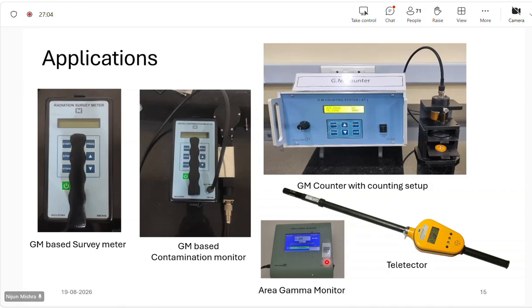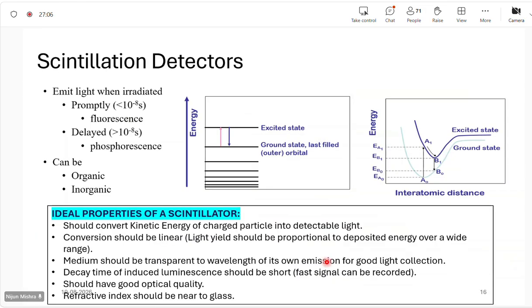So coming to the scintillation detector, I already explained that scintillation is a process in which visible light appears. If the visible light appears within 10 to the power minus 8 seconds, then we call it fluorescence, and if the light is delayed, then we call it phosphorescence.